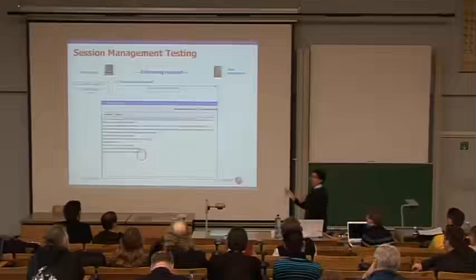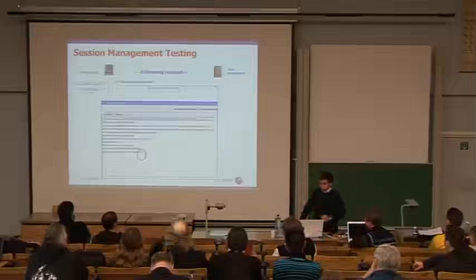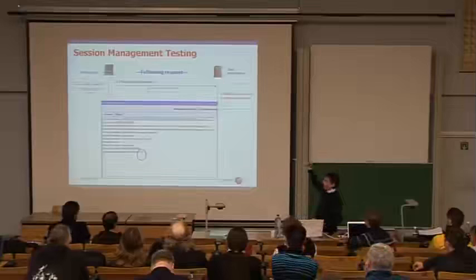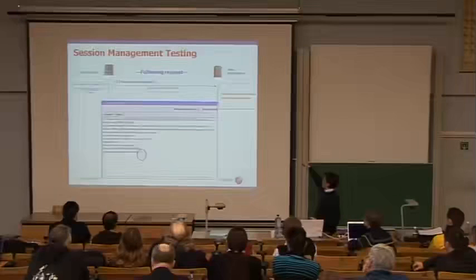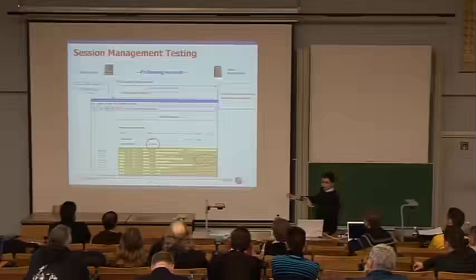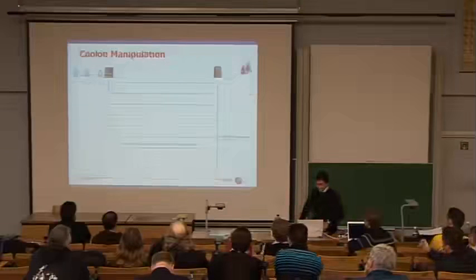I don't know which person it is, but I know that maybe there is an open session, so I can do session hijacking. The web application now verifies my identity not from my username and password, but from the ticket, and the ticket is related to Mario Verdi and not Mario Rossi. So Mario Rossi can see the account of Mario Verdi. This is an example of session hijacking.